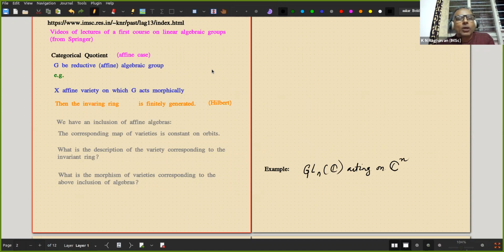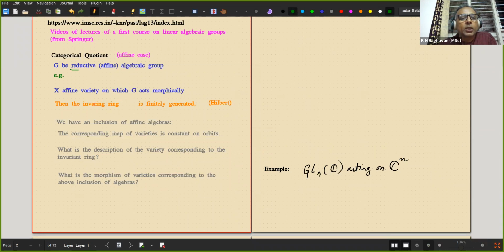Okay, so the first topic today that I understand I have to cover is what is called categorical quotient, affine case. So let G be a reductive affine algebraic group. Okay, so last time, I guess Upendra talked about reductive algebraic groups.